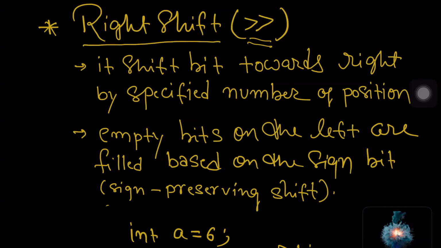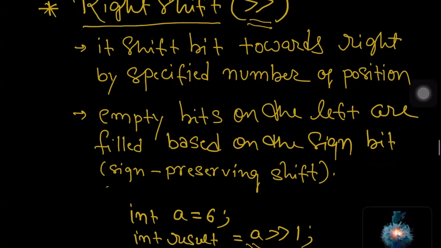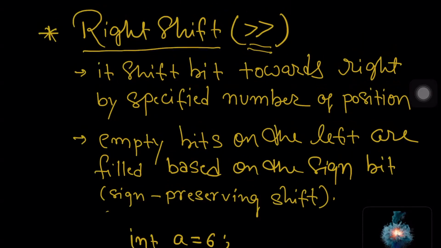Now I will go through the right shift and then the unsigned right shift. Basically, right shift, its name itself suggests we are shifting the bits towards the right. Let's assume they are asking you to do a right shift by 3 bits.